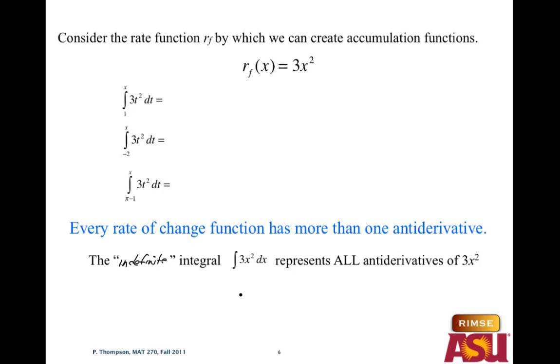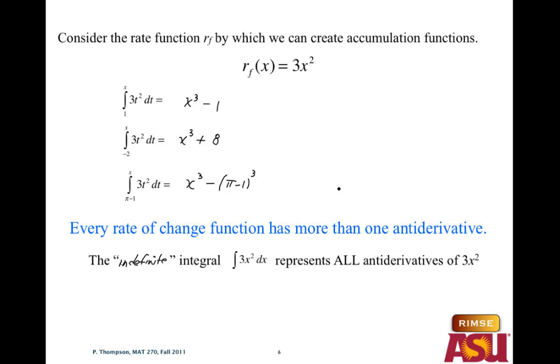So what does it represent? It represents all antiderivatives of 3x squared. Here we had x cubed minus 1. Here we had x cubed plus 8. Here we had x cubed minus pi minus 1 cubed. And there are many more antiderivatives. So the indefinite integral without any bounds represents all possible antiderivatives.